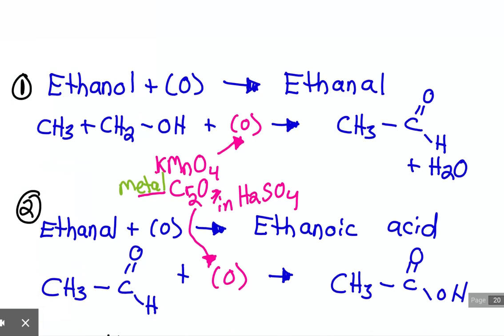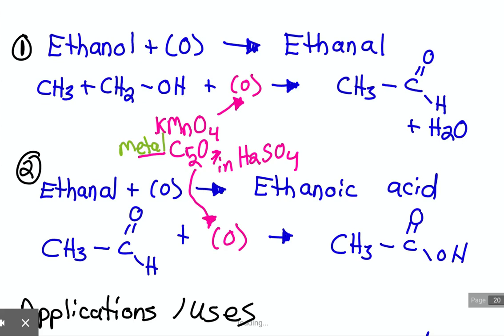But then the aldehyde, the ethanal, will undergo another oxidization, and when it does that, it results in the carboxylic acid, the ethanoic acid. So an oxygen here comes down and bonds in this space, creating the hydroxyl group.